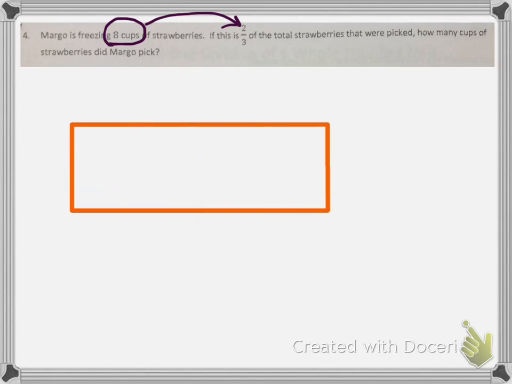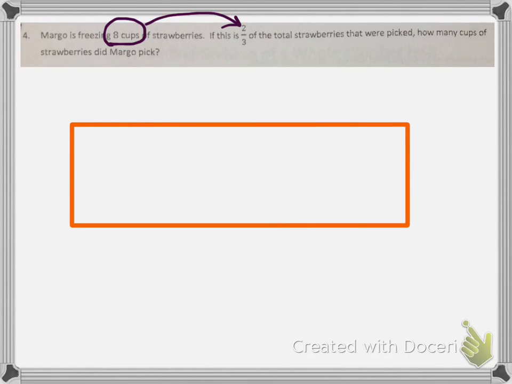Margot is freezing 8 cups of strawberries. If this is 2/3 of the strawberries that were picked, how many cups of strawberries did Margot pick? Well, this time our 8 cups is 2/3. So I can right away make my model. I'm going to use that tool again. And I'm going to split it into thirds. So about there and about, that's close enough. This is 0/3 and this is 1/3.